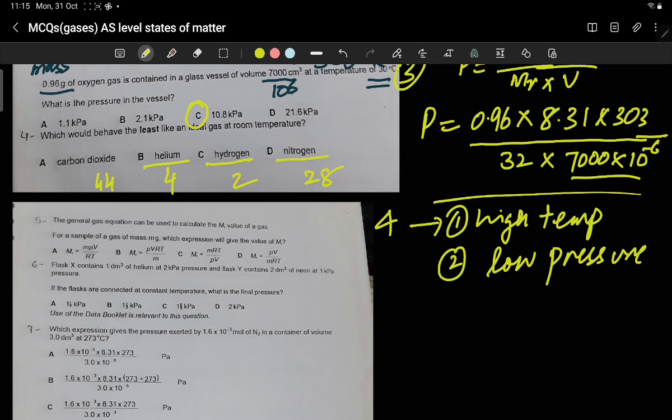So in addition to the higher Mr, there are more significant ID-ID forces in carbon dioxide than all these gases. So carbon dioxide behaves least like an ideal gas at room temperature.